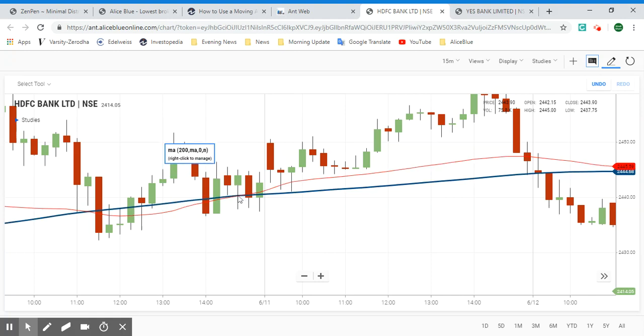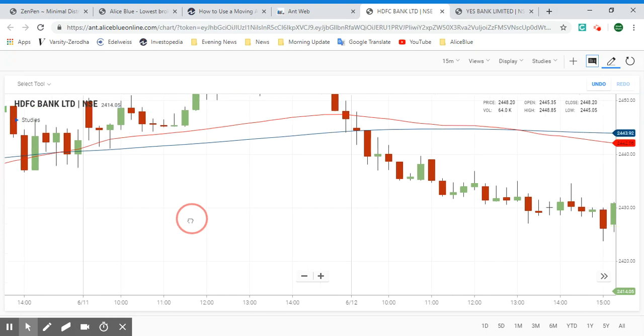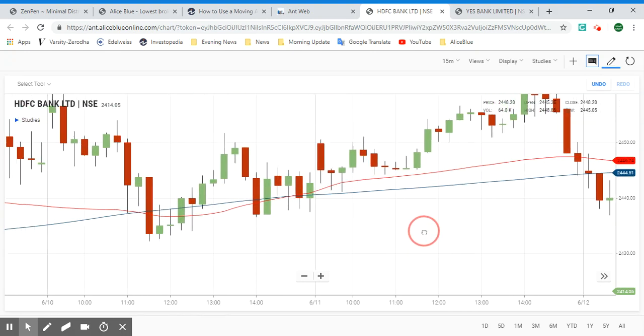So this specific point here is a buy signal. And here we have the sell signal, right here. Here again is a sell signal, and here is the buy signal.